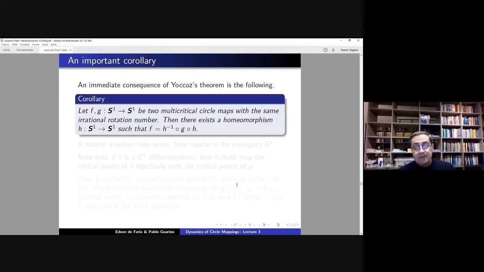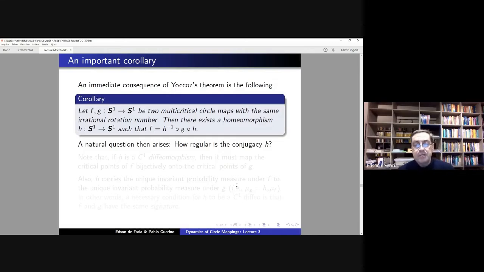So this now motivates a very natural question, which is, okay, suppose you know that f and g are very smooth, as smooth as you like, maybe even analytic. How regular is this conjugacy? Is it just topological, or is it better than topological?